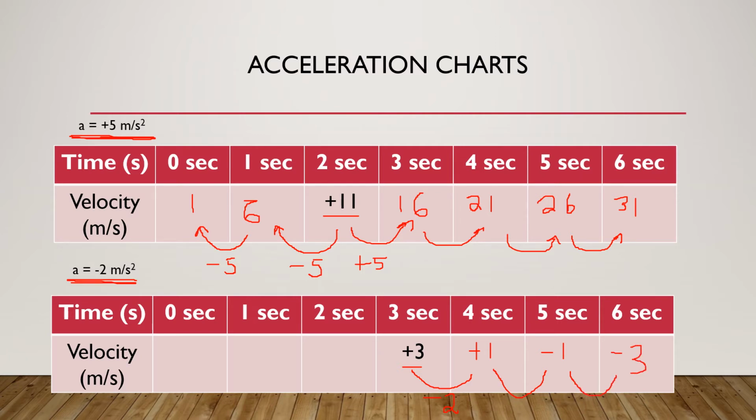So when I go to the right, I go -2. But if I go to the left, I have to use the opposite sign. The opposite sign of -2 would be +2. So this is going to become +5, then +7, then +9.